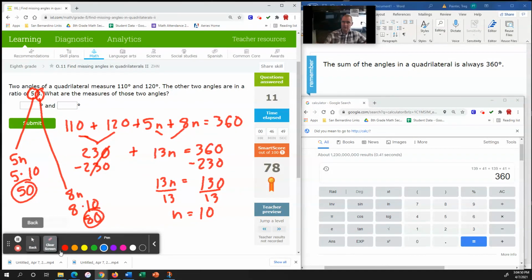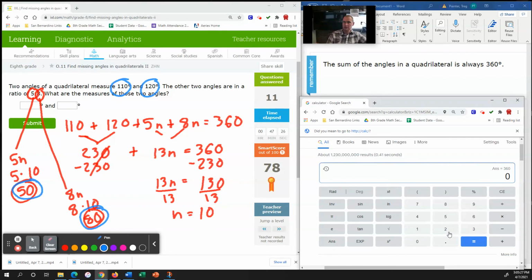Now just check our blue values and see if they add up to 360. So 50 plus 80 plus 110 plus 120 should add up to 360. Let's see, here we go. 50 plus 80 plus 110 plus 120.